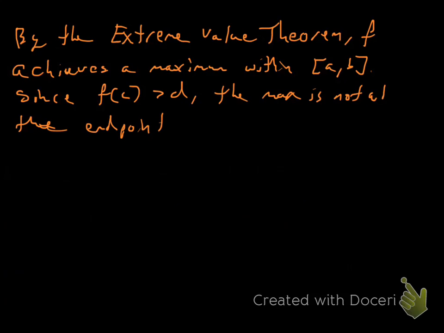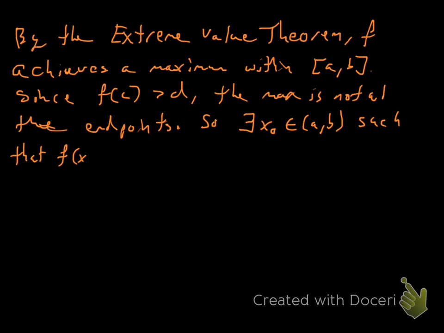So the max is not at an endpoint. So there exists, we'll just call it an x naught in (a, b) such that f of x naught is the maximum of f on the closed interval [a, b].